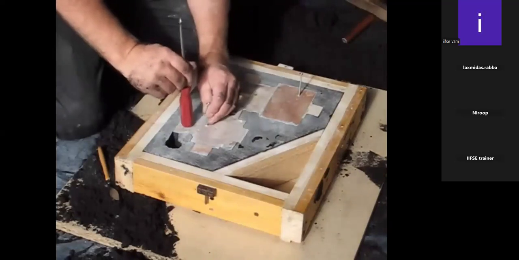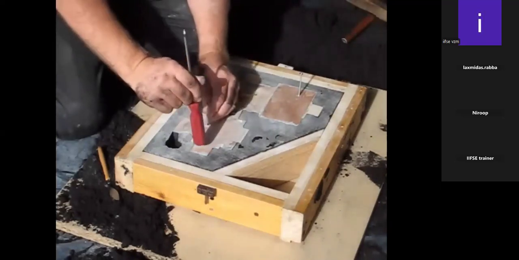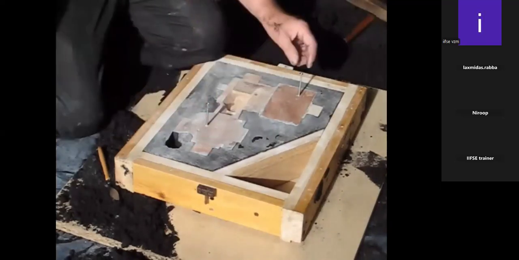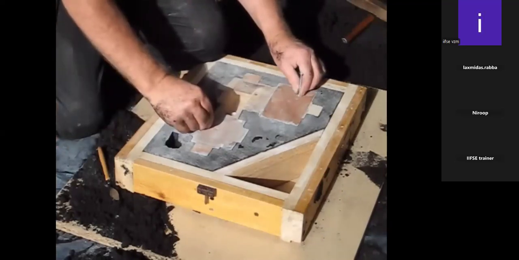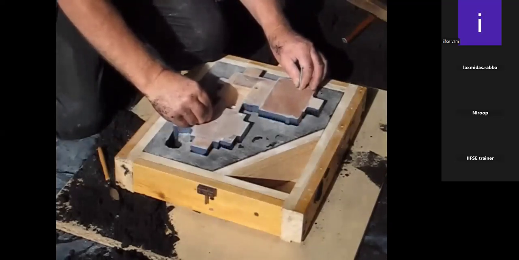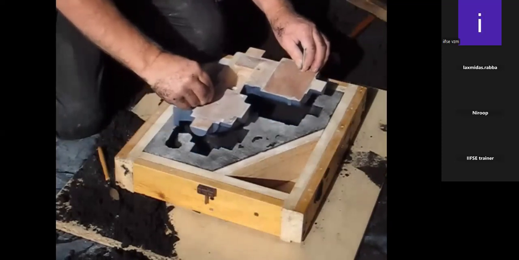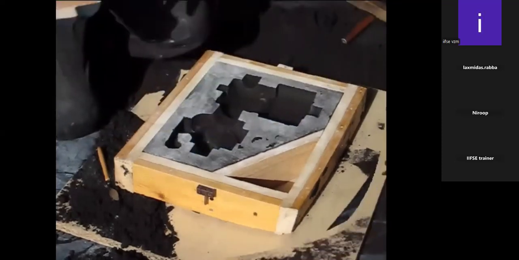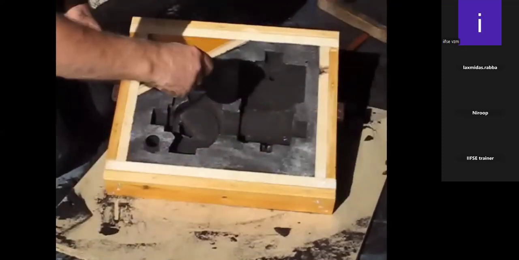We just do ramming so that it can loosen. Simply, he will take it out. Yes, that is the shape which we want.